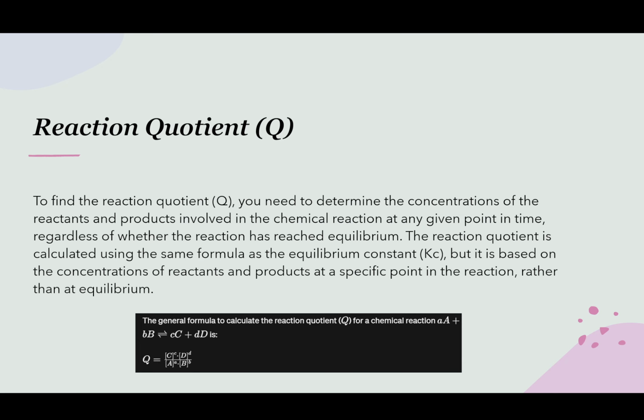Yeah. Okay. So if you try to calculate Kc when the reaction is not at equilibrium, then you actually didn't calculate Kc, you calculated Q, the reaction quotient. So it's important to always check your questions to figure out whether or not your reaction is at equilibrium.